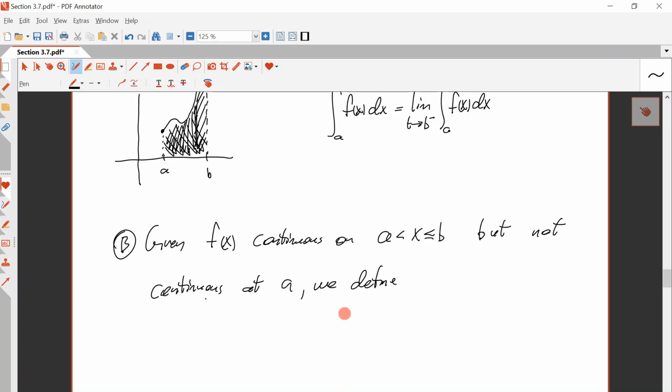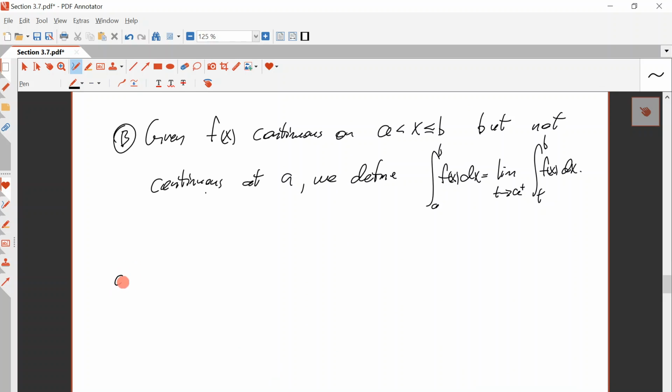Alright, here we define the integral from a to b of f(x) dx equal to, well, the trouble point there is a, so you set up your limit for a. So it's the limit as t approaches a from the right, of the integral from t to b of f(x) dx.